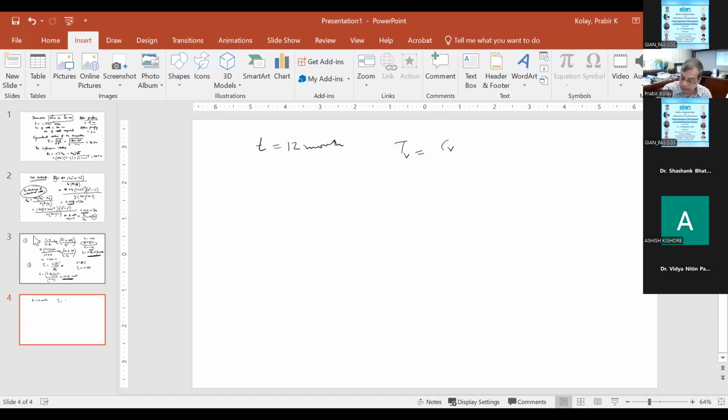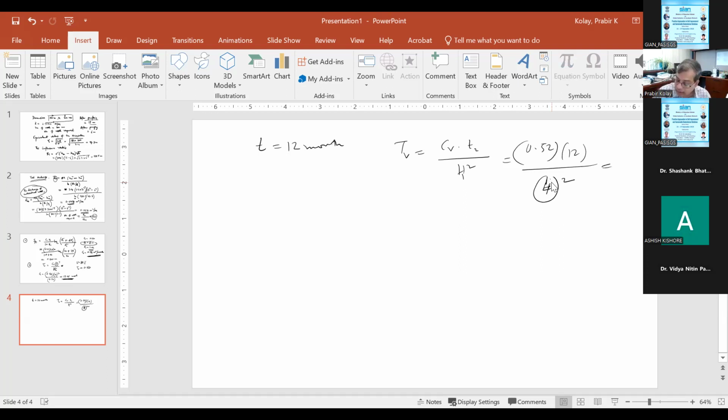So Tv is equal to, again, Cv times t divided by H squared. Everything is the same: Cv is equal to 0.52 meter square per month, and t is equal to 12 months. And H_dr is the same, 4.8 by 2, squared.